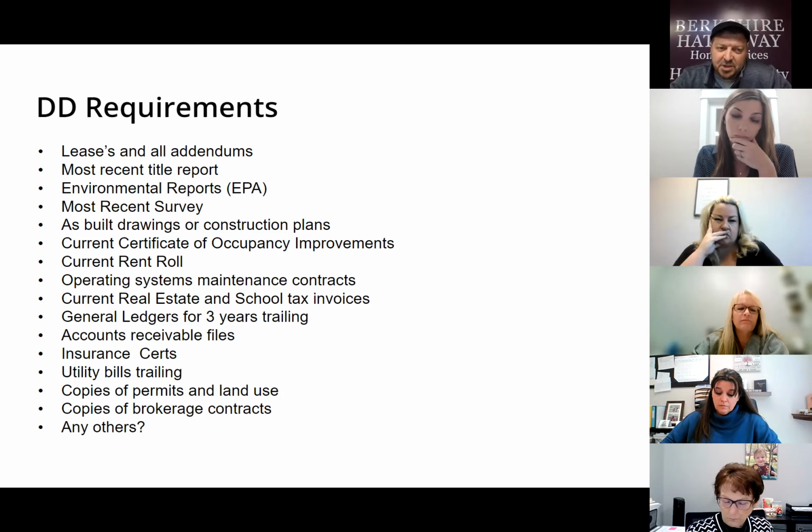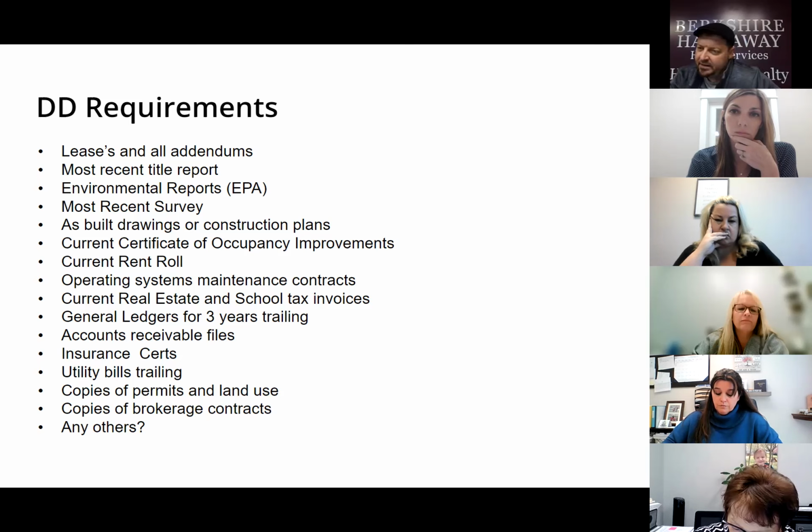The most recent surveys of the property, any as-built drawings or construction plans, which would usually be in a CAD file, or an architect or an engineer at some point had to have some kind of plans in order to have that building or structure there.